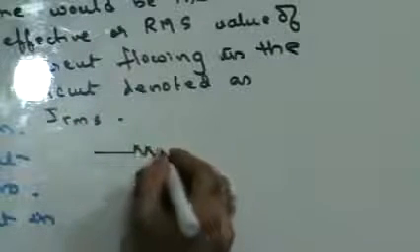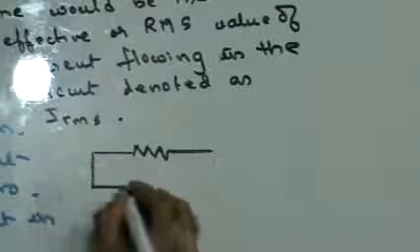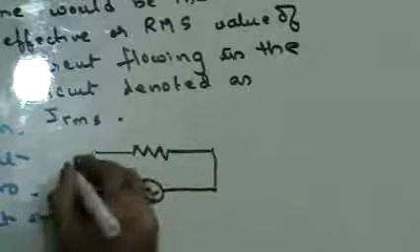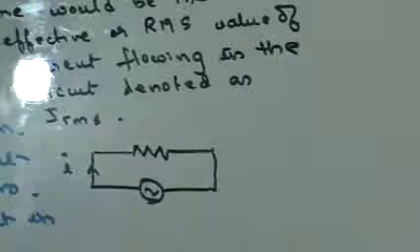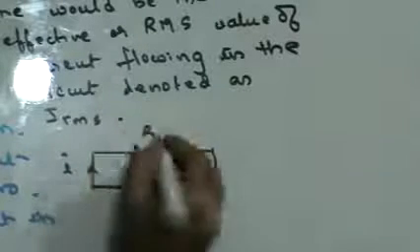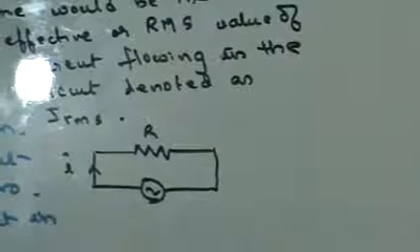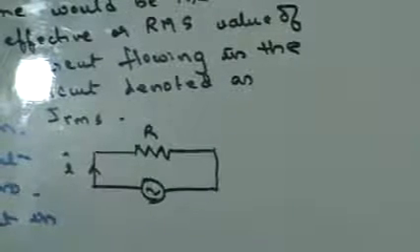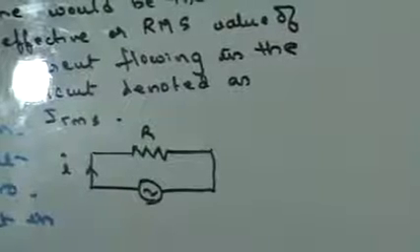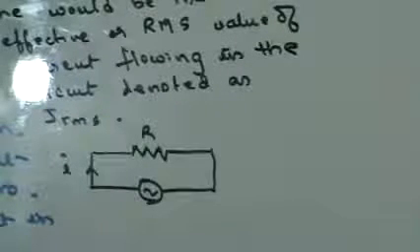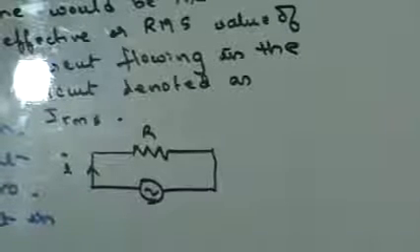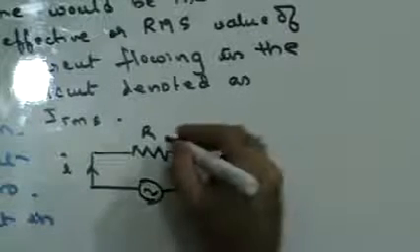Right, guys, I have this AC circuit. I have AC current, small i, flowing through the external resistance R. Small i is an alternating current, right? Now alternating current is going to reverse polarity. Even if it reverses polarity, it is going to induce some amount of heat H in the resistor R in time t.